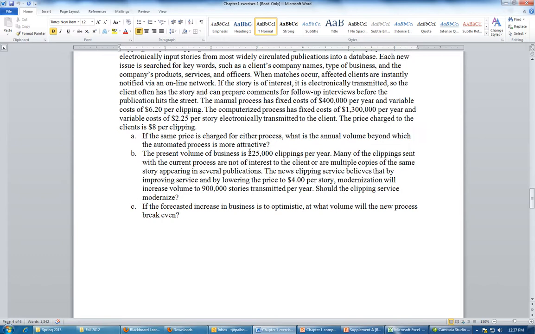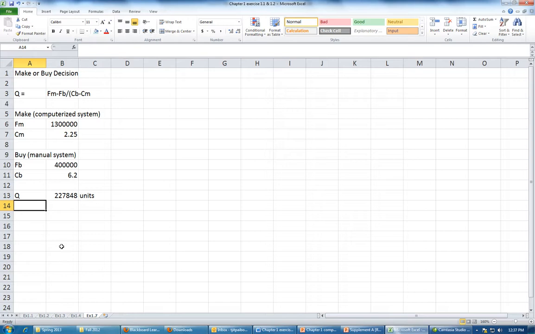By investing in modernizing, they will increase the volume to 900,000 and they are also able to reduce the price from $8 to $4. So the question asks which one is better. Should we modernize the system? So in order to answer the question, we must find out the profit.